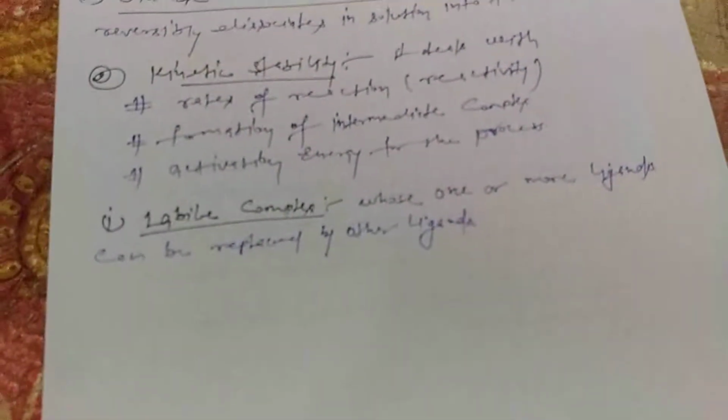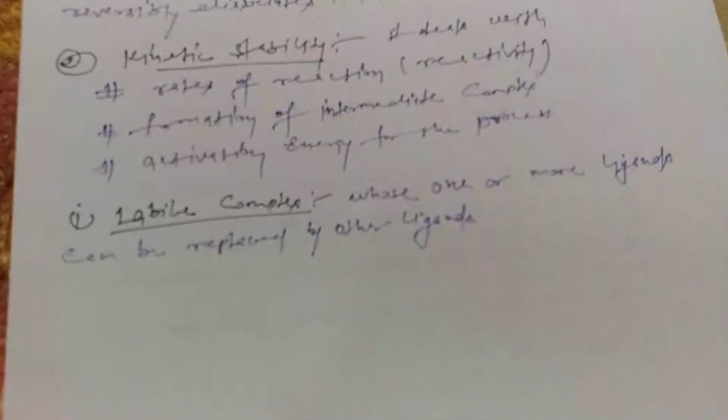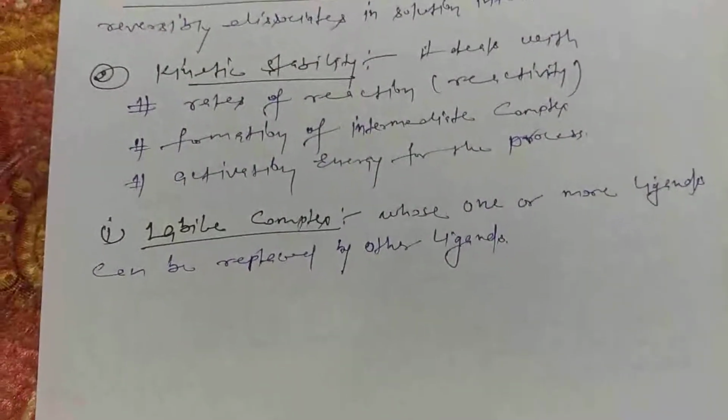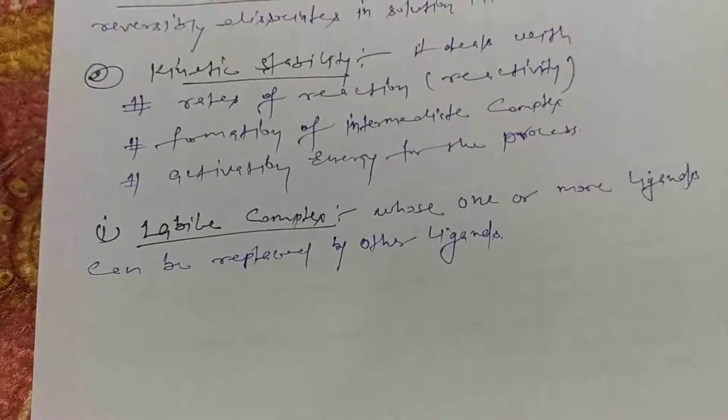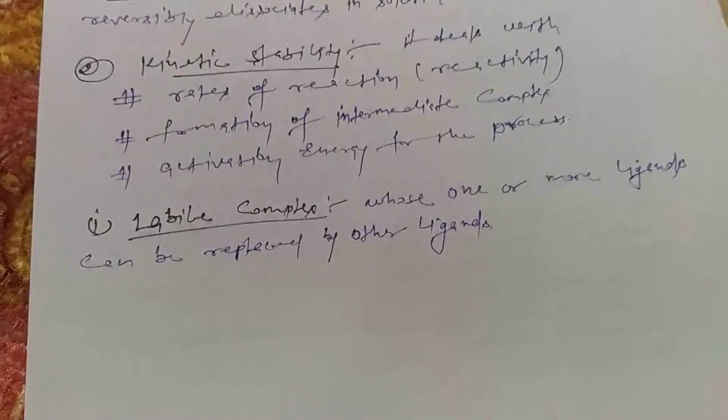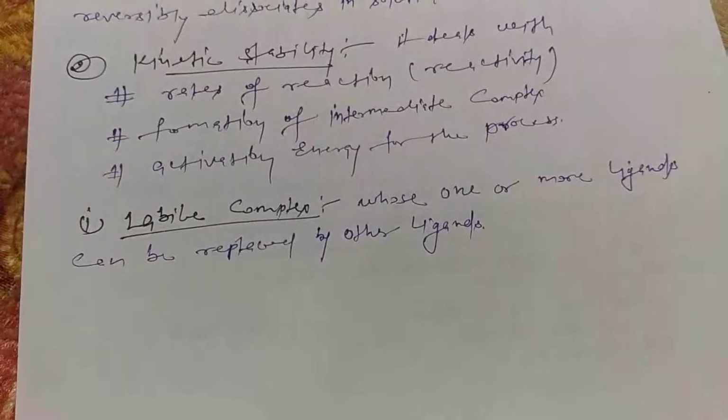Now the second one is called the inert complex. Labile complexes are those whose ligands can be replaced by other ligands.